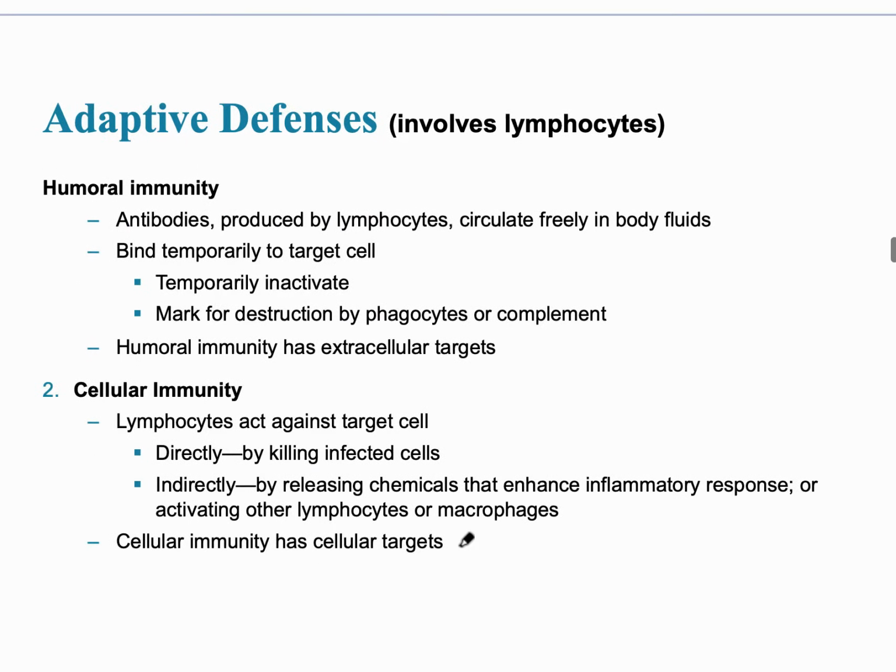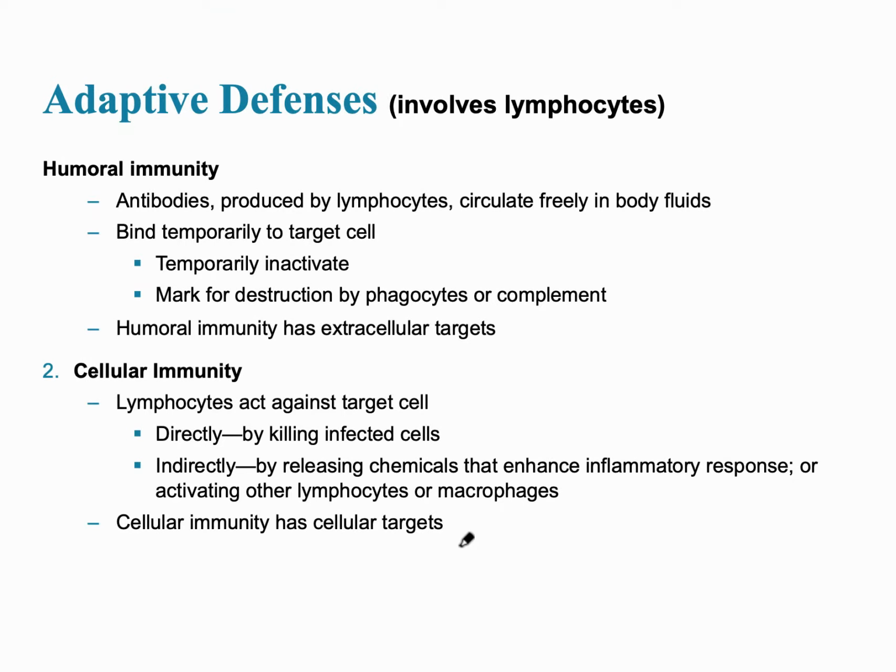The humoral immunity involves antibodies, which are produced by lymphocytes that circulate in the body fluids. Those antibodies bind with specific antigens. So they bind with the target cell, rendering it temporarily inactive, marking it for destruction by other means.